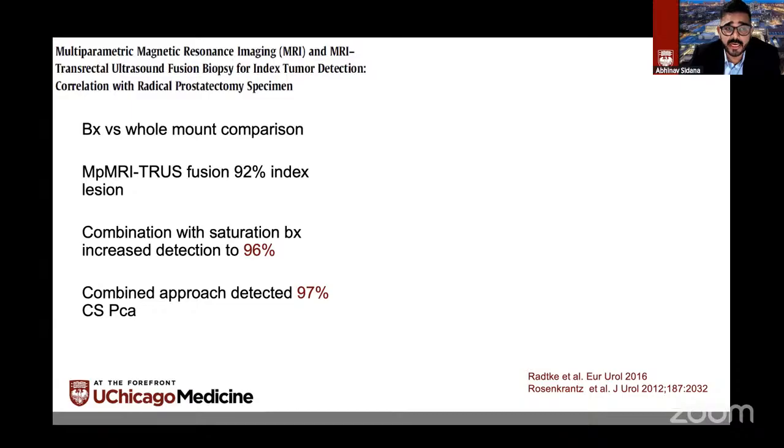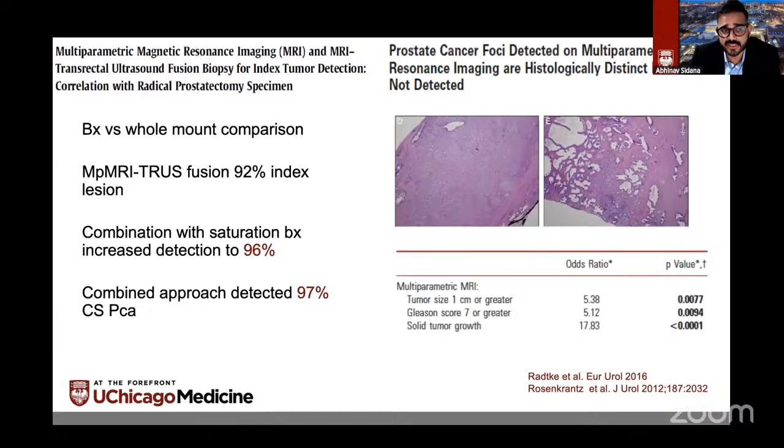In addition, this article from NYU demonstrated that MRI has great sensitivity in detecting the index lesion, and when combined with saturation biopsy, can increase the detection to 96%.